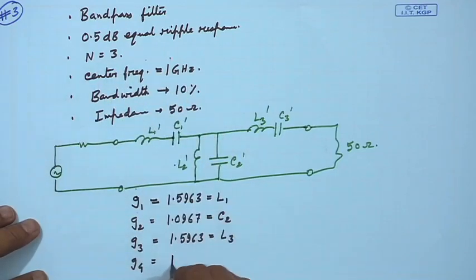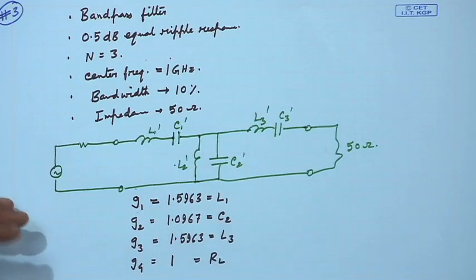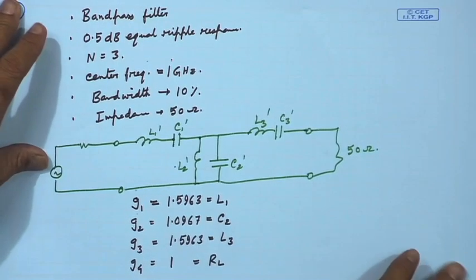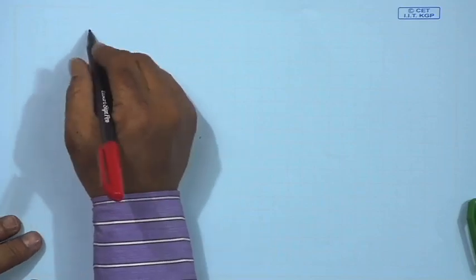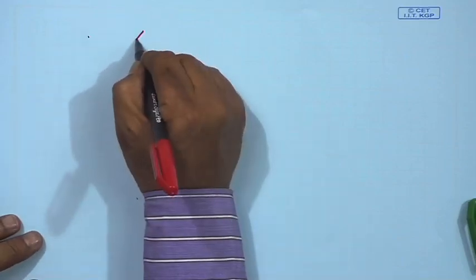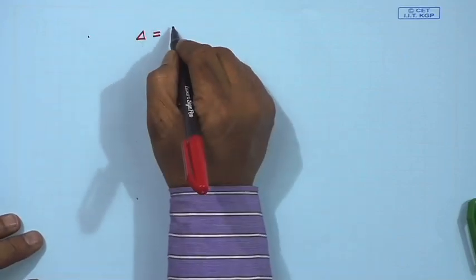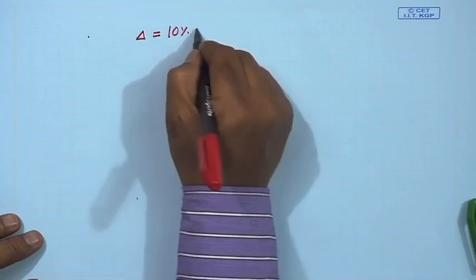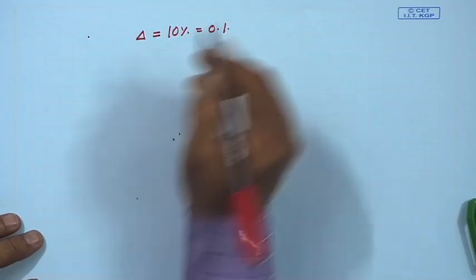So, no problem, G4 will be 1, and that is nothing but your RL. Now, you can easily find out L1 dash C1 dash from L1. Before that, what is the delta value? Delta they said 10%, that means 0.1.